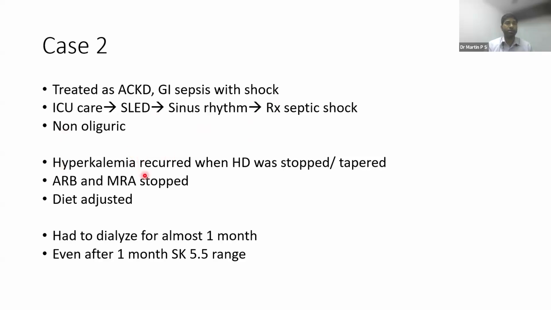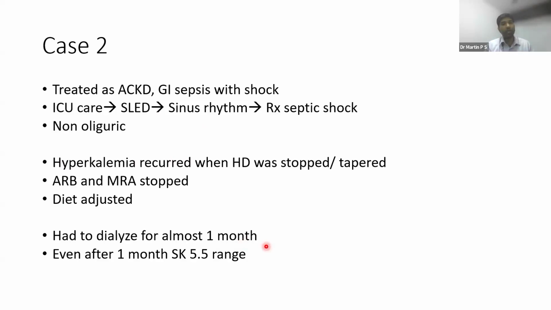The hyperkalemia persisted. We were not able to taper off dialysis for that patient at all. Whenever we tapered dialysis to 2 or 3 days, the potassium would jump to 6, 6.2, 6.3. Though there were no ECG changes, the potassium was persistently high. We adjusted the diet, and we removed all ARBs, MRAs, everything. Diet was strictly followed. We had to dialyze that patient for close to 1 month, even though he was passing enough urine.